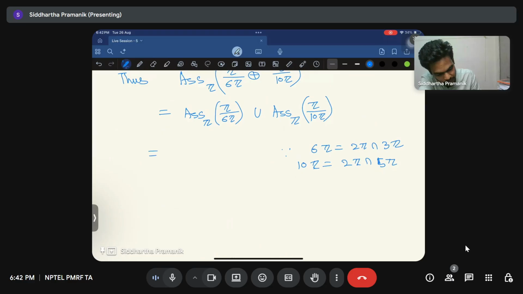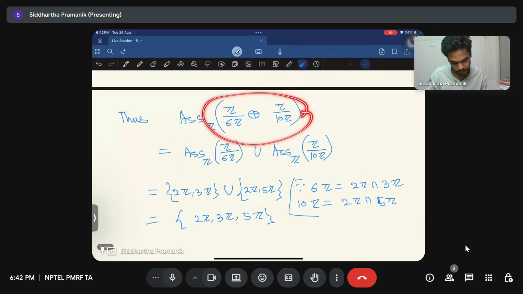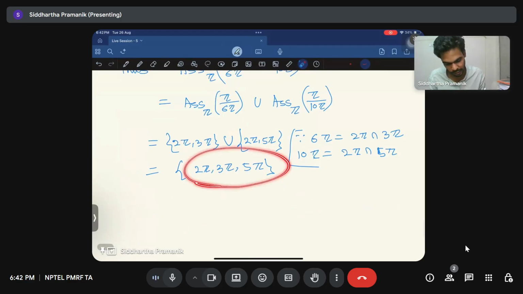So 2Z and 3Z are the associated primes of the first module, Z mod 6Z, and union 2Z and 5Z for the second. Ultimately we get 2Z, 3Z and 5Z. So this module Z mod 6Z direct sum Z mod 10Z has three associated primes: 2Z, 3Z and 5Z.